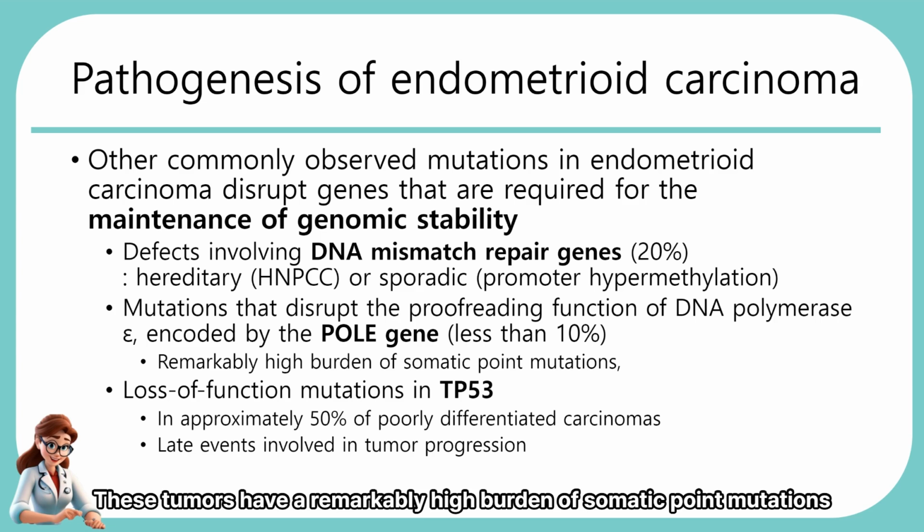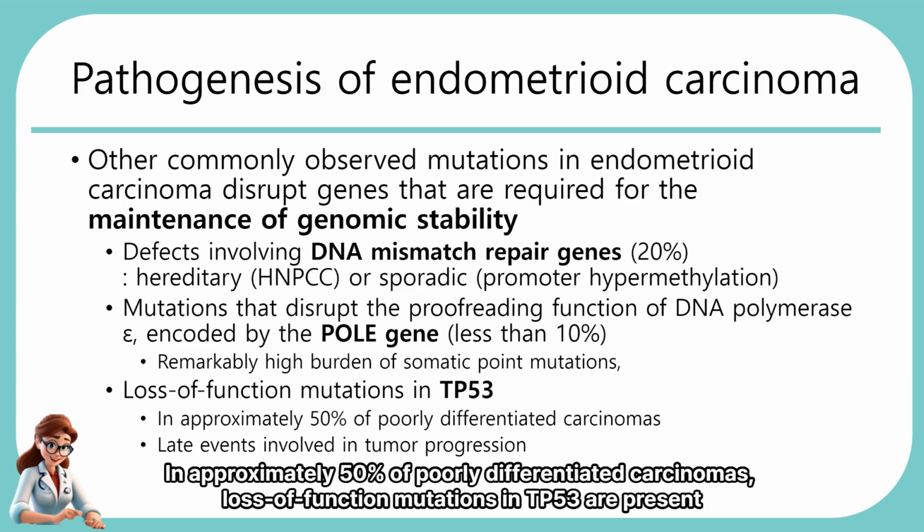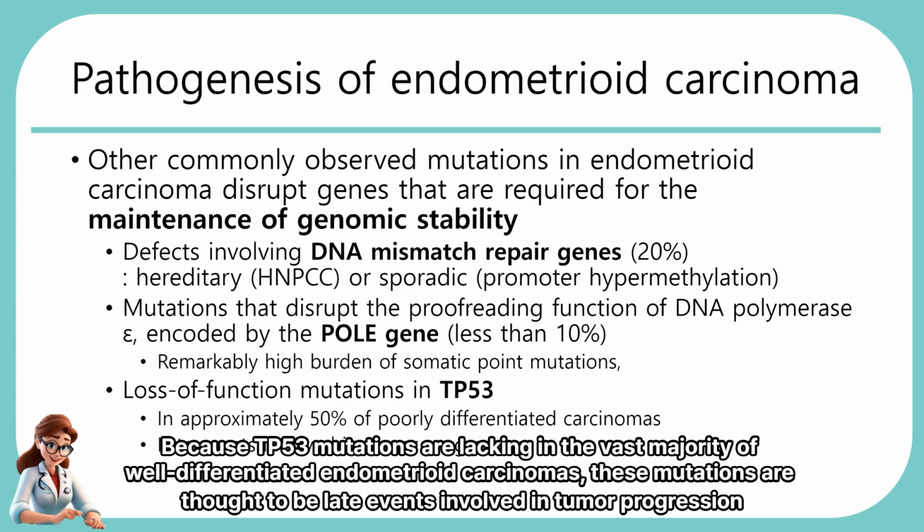These tumors have a remarkably high burden of somatic point mutations. In approximately 50% of poorly differentiated carcinomas, loss of function mutations in TP53 are present. Because TP53 mutations are lacking in the vast majority of well-differentiated endometrioid carcinomas, these mutations are thought to be late events involved in tumor progression.